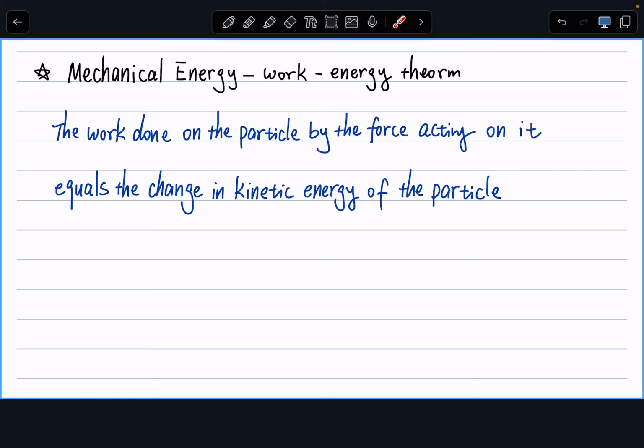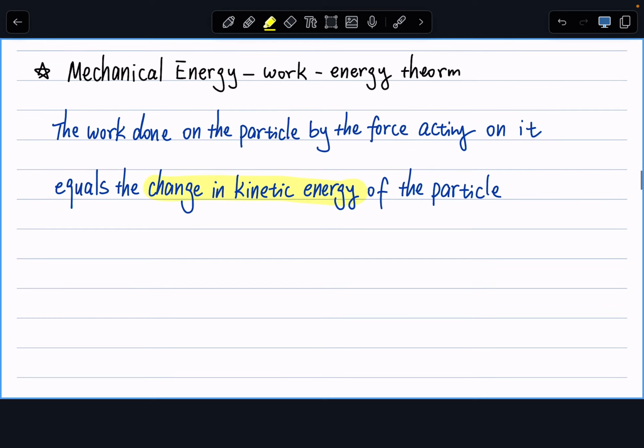Work is more directly related to kinetic energy. In the work-energy theorem, the work done on the particle by the force acting on it equals the change in kinetic energy of the particle. I'll highlight this part, the change in kinetic energy, and we'll come back to it later on.